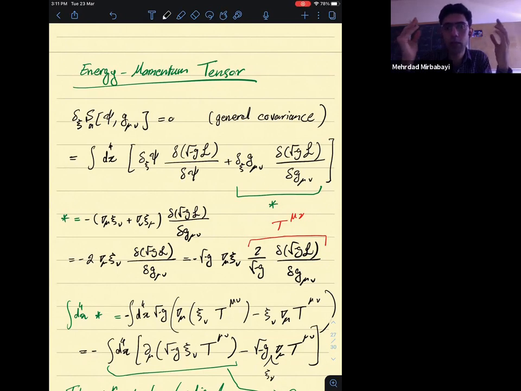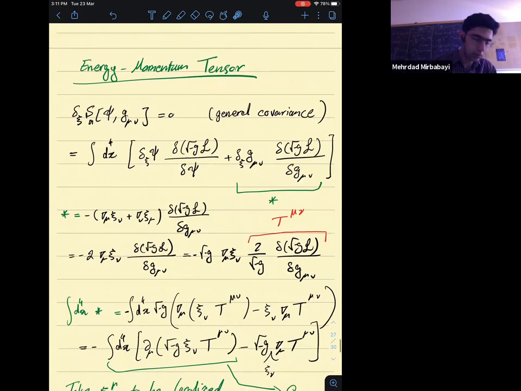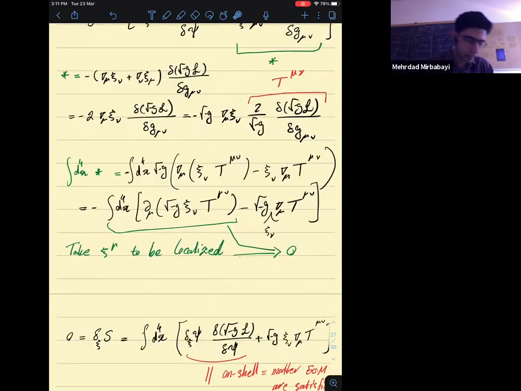But once I couple matter fields to each other, there will be only a single conserved energy and momentum for those matter fields. So this S was the action for the matter fields, and therefore this T mu nu that I defined here was the energy momentum tensor for the matter fields.